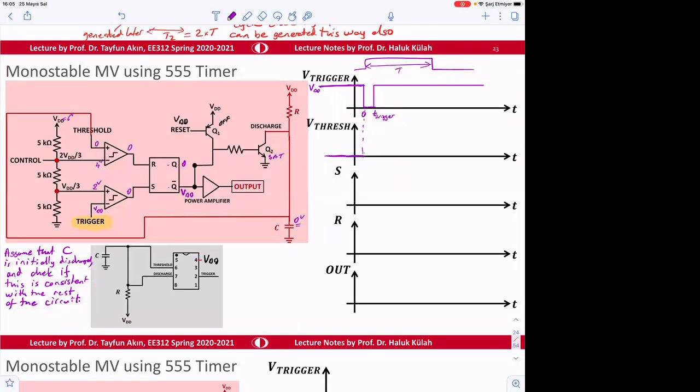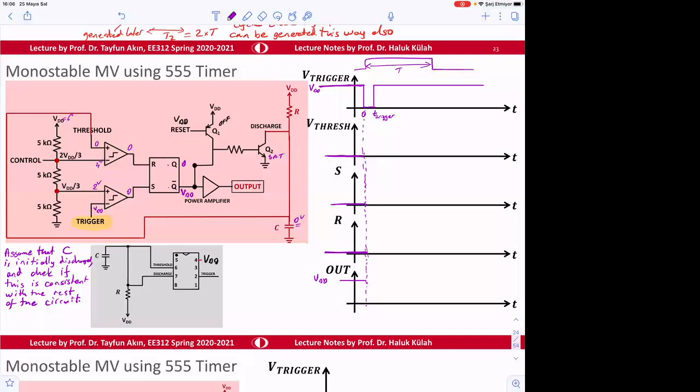Meanwhile, until that trigger comes, S will be 0, until this comes to 0. So this will be 0. What about output? We said it is going to be VDD, right?